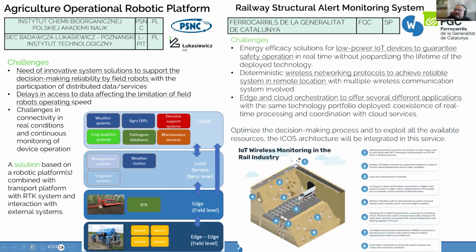And this will also be useful later on for onboarding the additional partners coming from the open call. So yeah, the first is the agriculture use case, where we have autonomous robots in a field that is far from cities, so in terms of bandwidth we don't have much network to rely on.